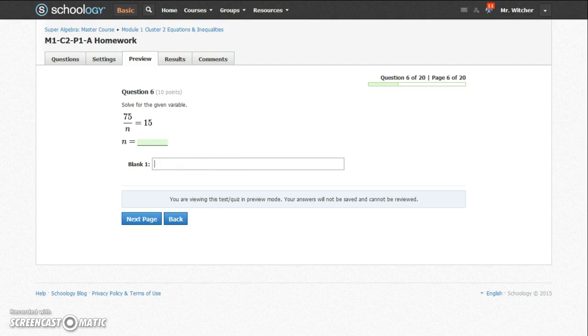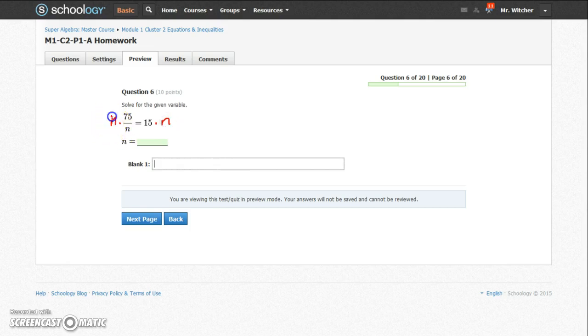Example 6. Again, there's division going on, but this is different than previous division problems we've had, because n is not being divided by 75. 75 is being divided by n. So our first goal is to get n out of the denominator. And we do that by multiplying both sides by n.